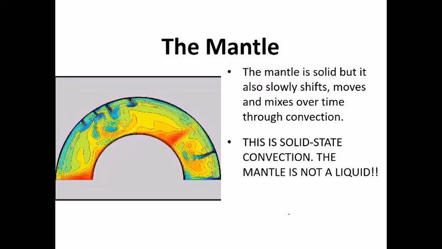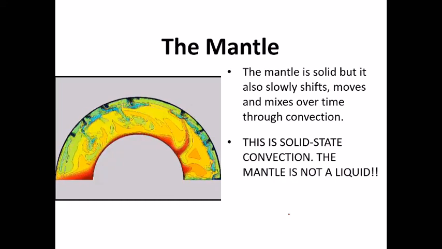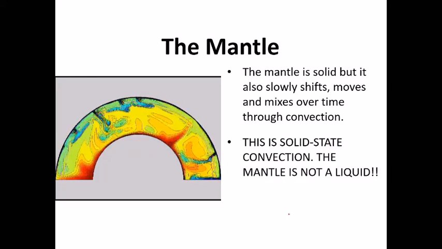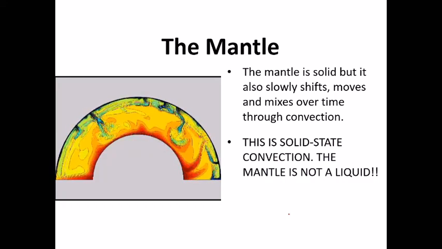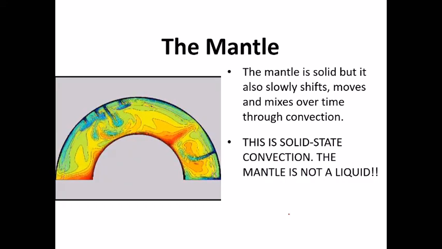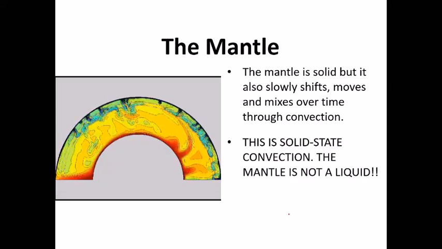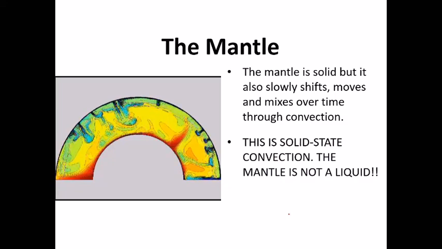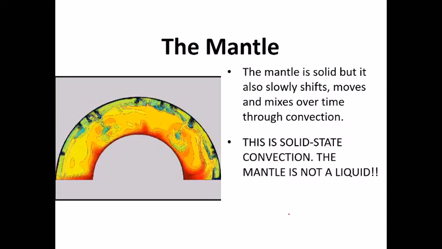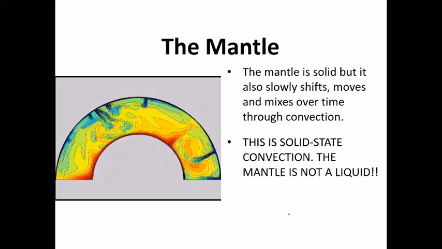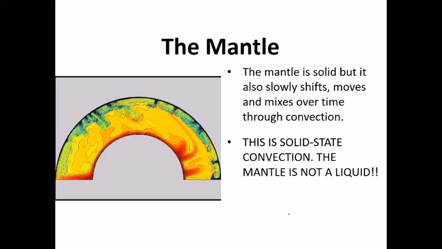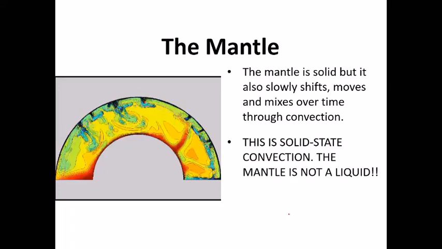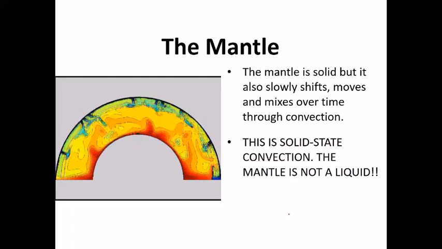So the mantle can flow, it can move, it actually convects. Okay, so there is convection in the mantle. It's called solid state convection. So it moves, it flows, it convects. However, it happens very slowly. So this little simulation movie that you're watching here represents, even though it's only 10 seconds long, maybe like 100 million years of history.